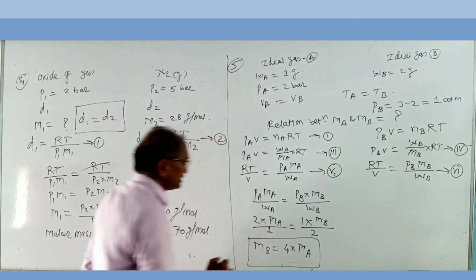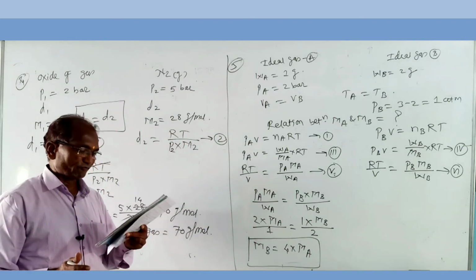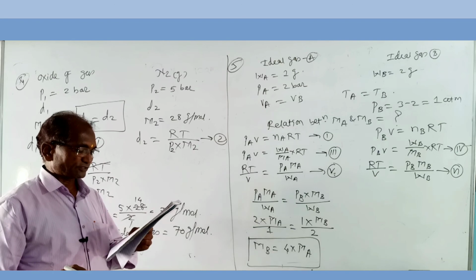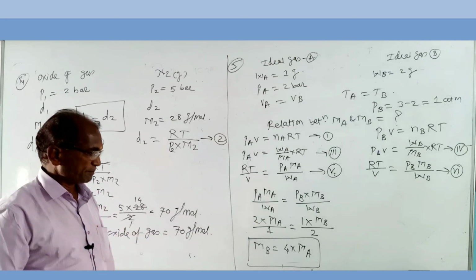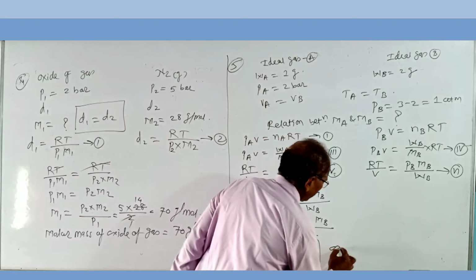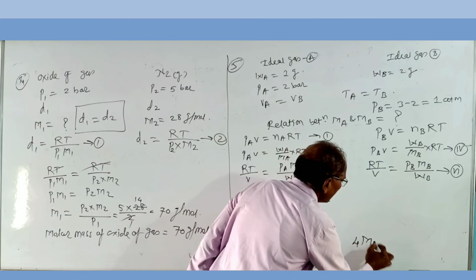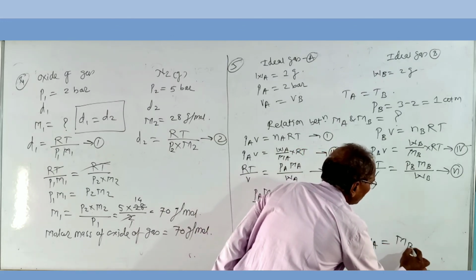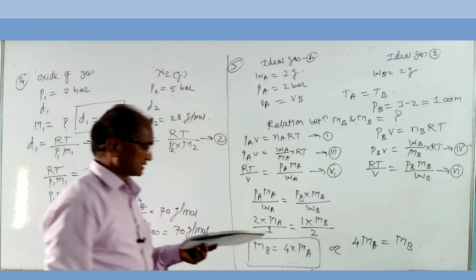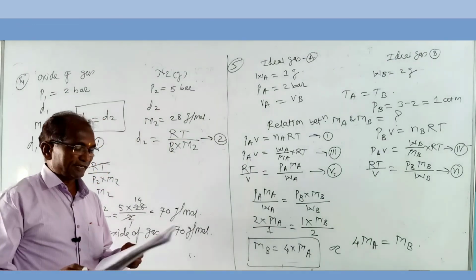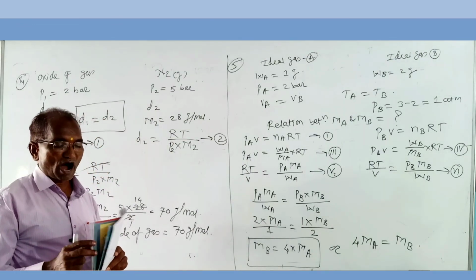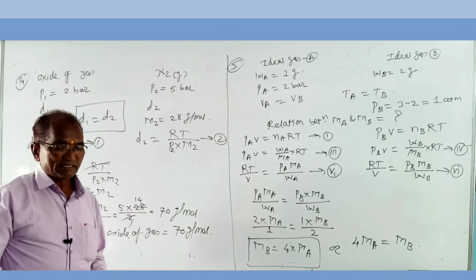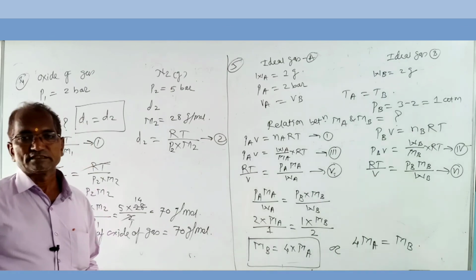This is the relation between molar masses of A and B. Or we can write here 4 MA is equal to MB. This is the relation between molar masses of ideal gas A and B.